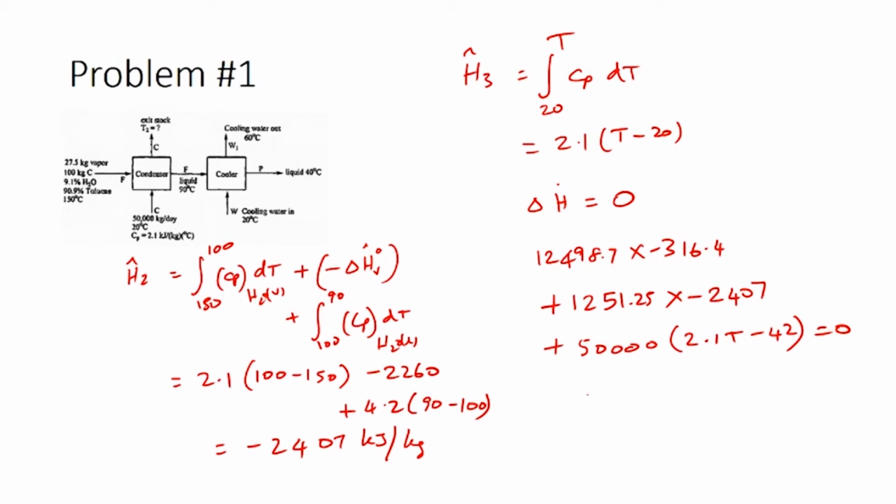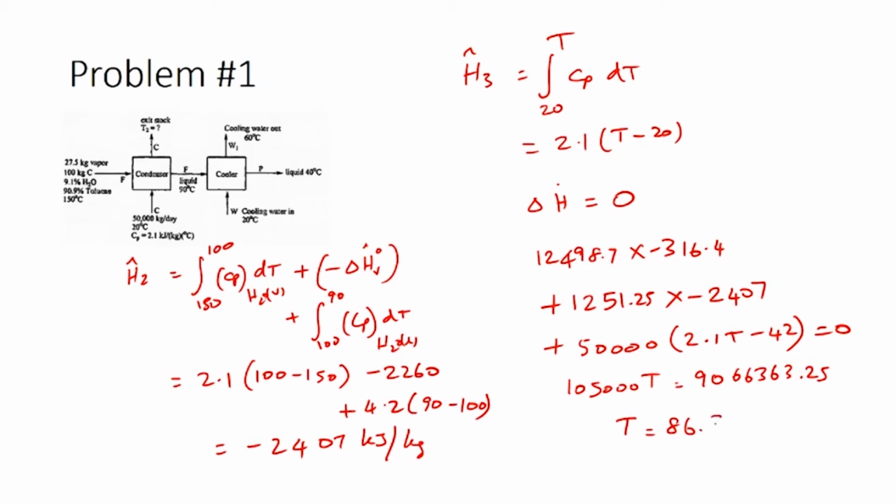This equation will then simplify to 105,000 times T equals 9066363.25.